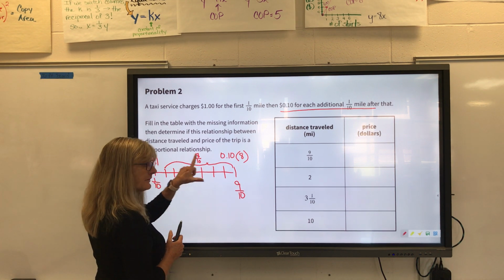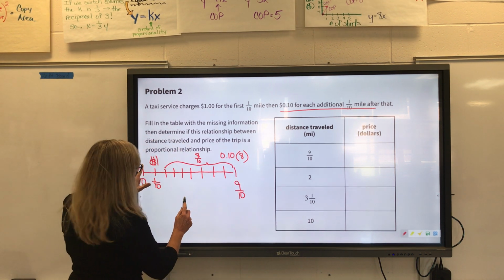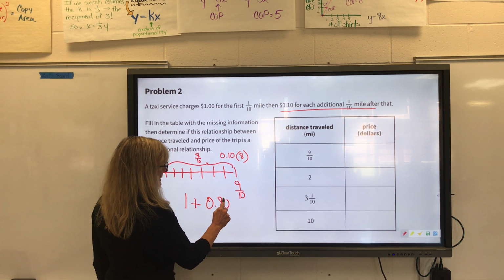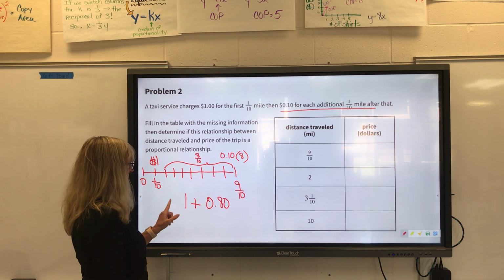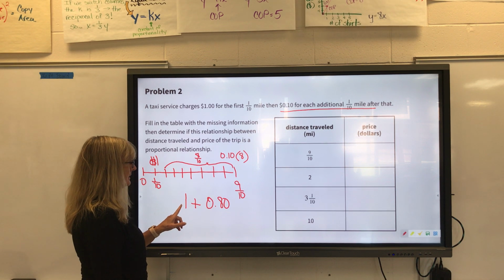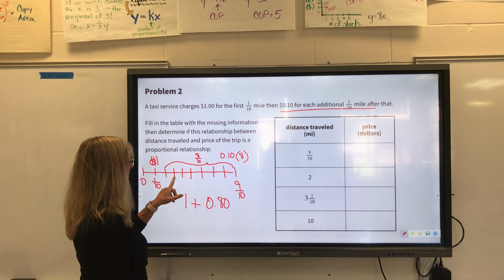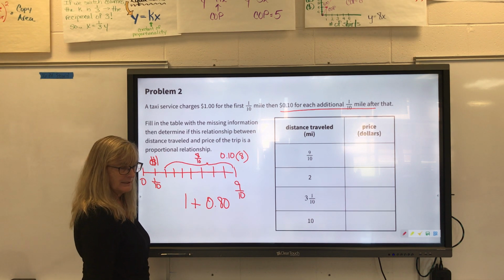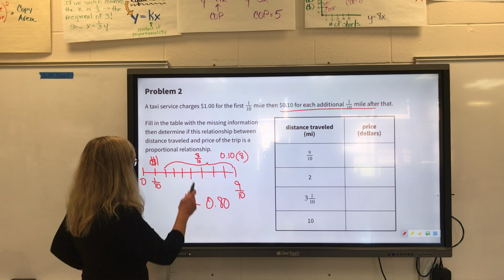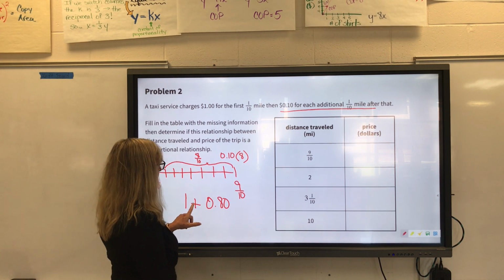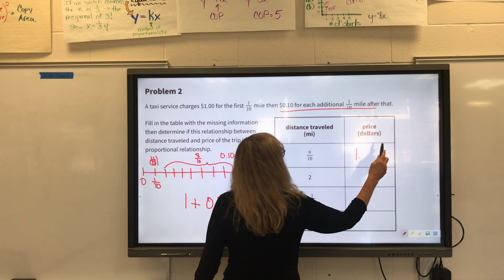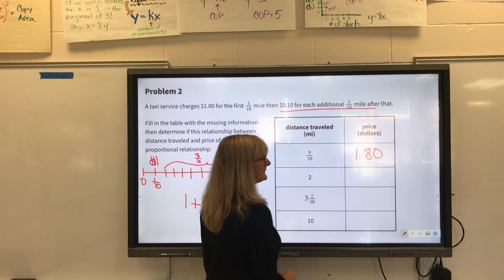So the cost of that ride to go 9/10 of a mile is $1 plus 80 cents. Does everybody see where I got both of those from? 8/10 of a mile is 80 cents after you pay your $1. So this ride is going to cost me $1.80.